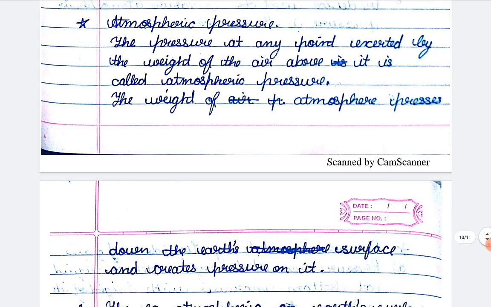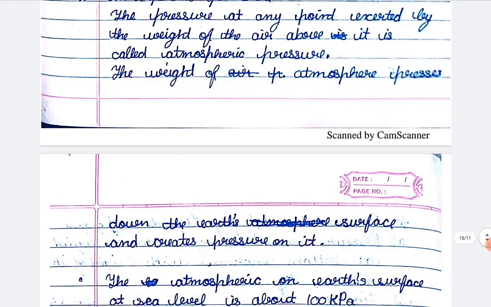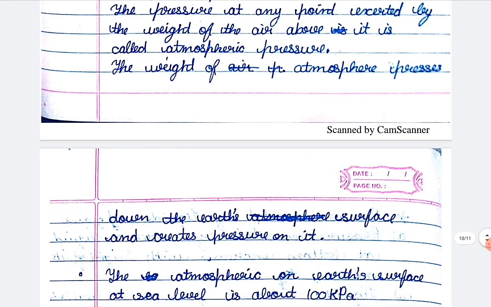Now atmospheric pressure. The pressure at any point exerted by the weight of air above it is called atmospheric pressure. Very easy definition, just try to understand it. The pressure at any point exerted by the weight of air above it, meaning the atmosphere, is called atmospheric pressure. Don't just learn the bookish language, try to understand it in your mind and make your own definitions, it will be better.